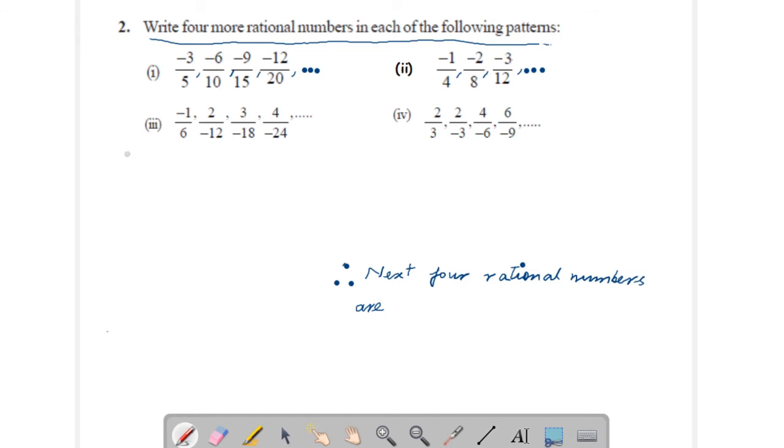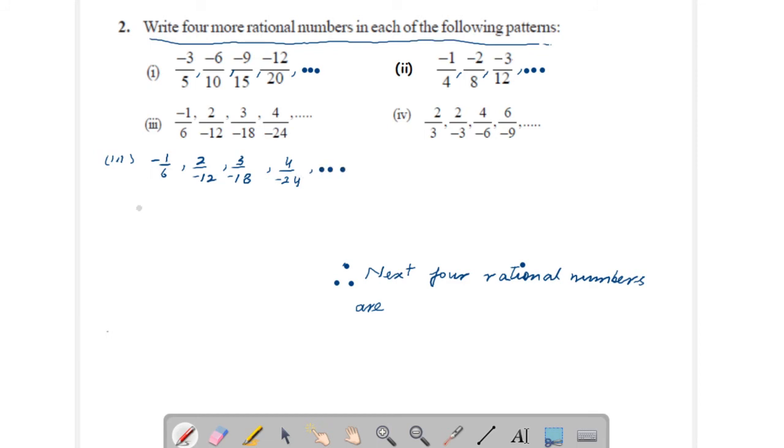Now come to the third part. It is minus 1 upon 6, 2 upon minus 12, 3 upon minus 18, 4 upon minus 24, and so on.